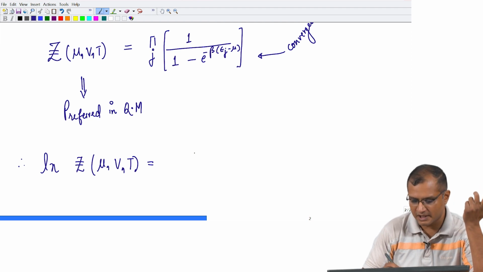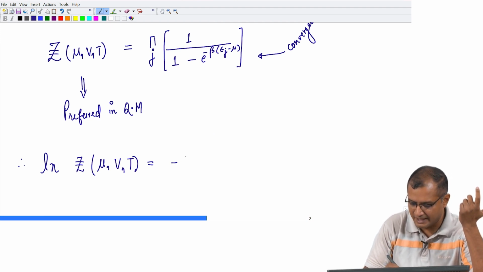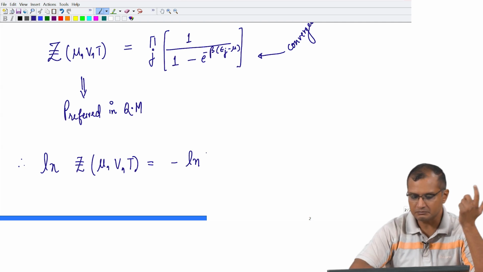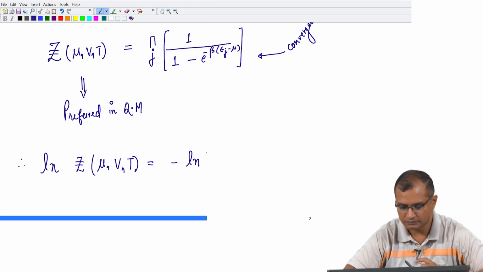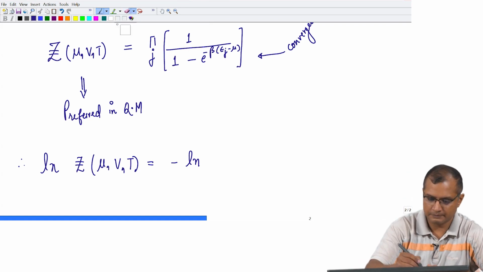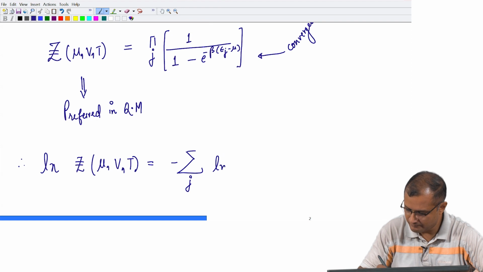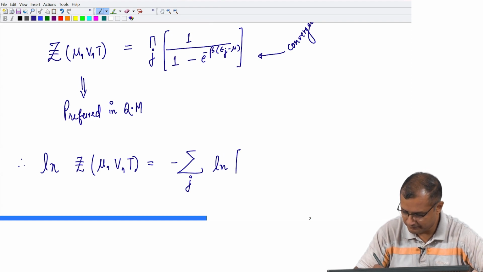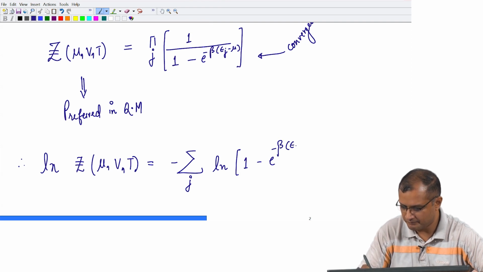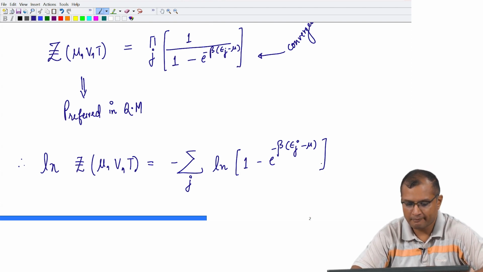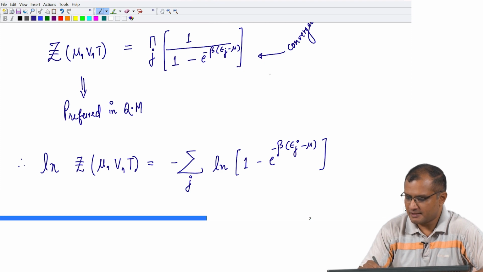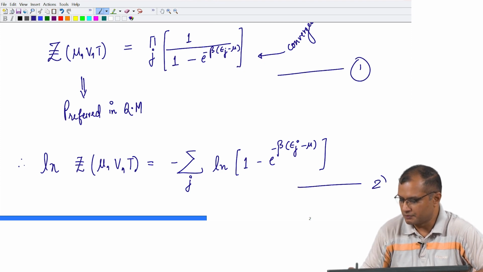If you take the logarithm on both sides, what we get is minus the logarithm of the partition function, where the product becomes a sum. Let us say that this is result 1 and that is result 2.